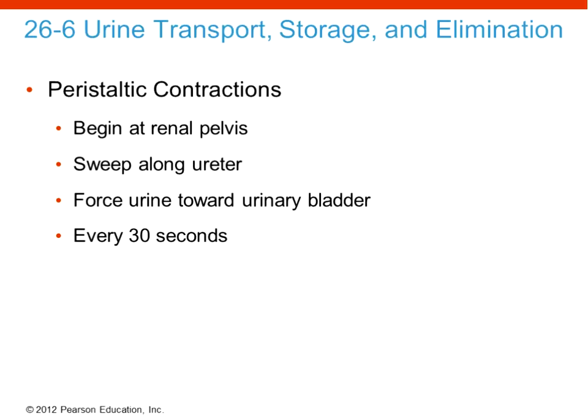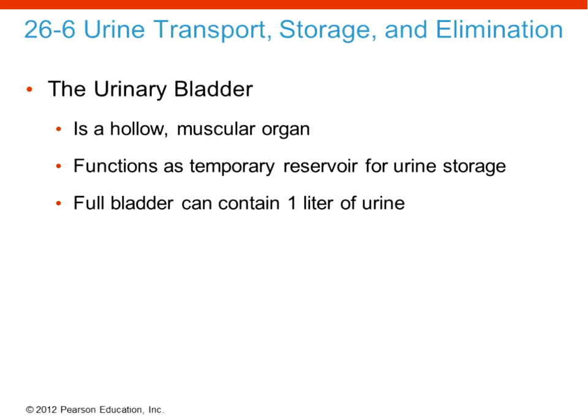It'll look a lot like what we see in the urinary bladder. So peristalsis, which we talked about during digestion, begins at the renal pelvis, sweeps along the ureter, and forces urine towards the bladder. This happens every 30 seconds or so.